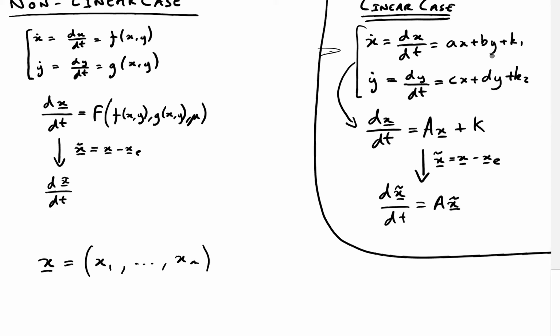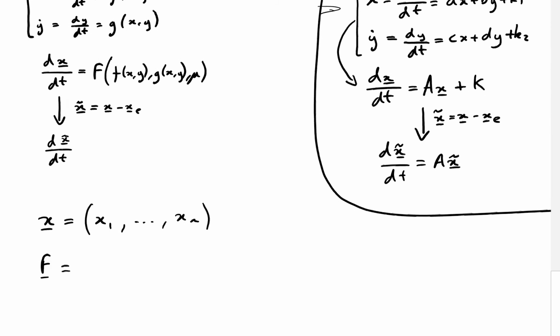Well, our operator matrix now is just going to be our functions, the things which we're going to have to multiply by our variables. So our operator matrix, let's call it F, is going to be all of our functions put together: F1, right the way through to Fn.